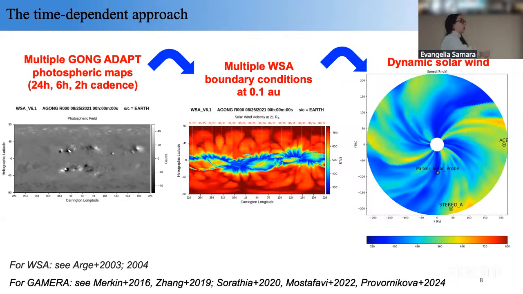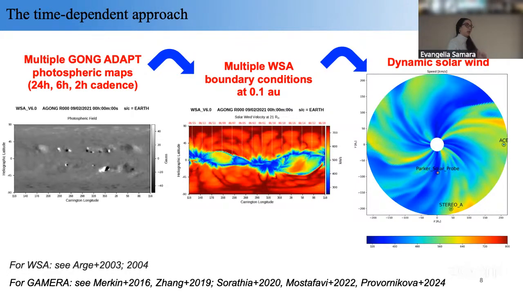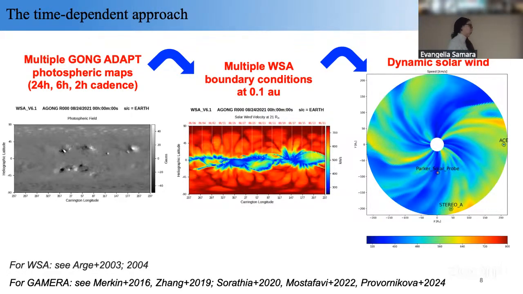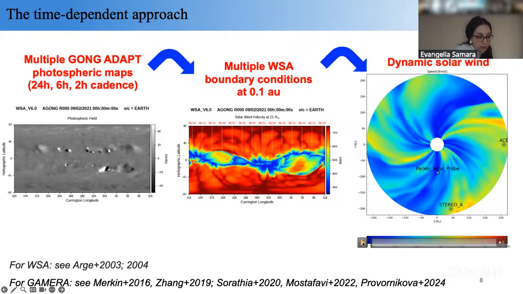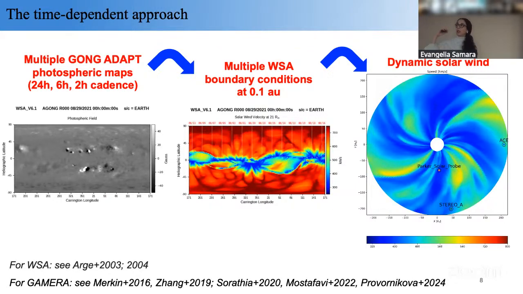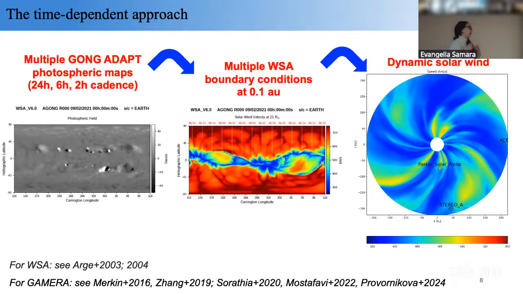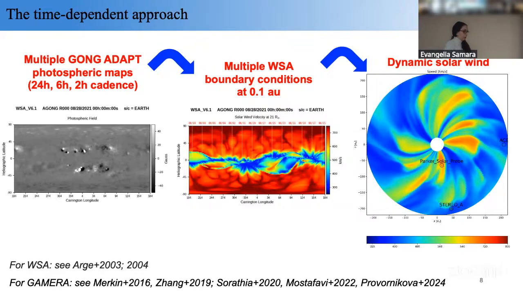This sequence of magnetograms is now fed into the WSA model, which produces in turn a sequence of boundary conditions at 0.1 AU. And this sequence of boundary conditions is now fed into the heliospheric 3D MHD GAMERA code to give us a much more realistic evolution and propagation of the solar wind in the inner heliosphere.